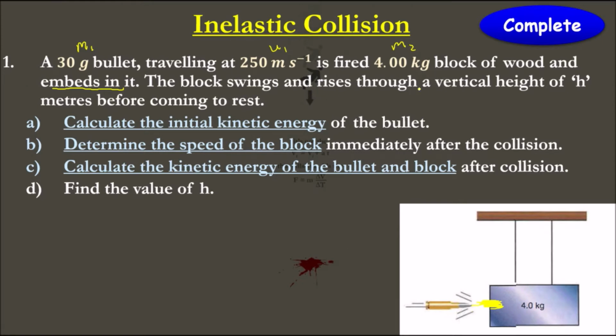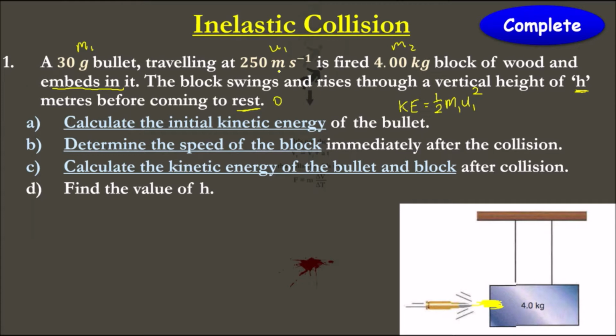The block swings and rises through a vertical height of h before coming to rest at 0. So it has a 0 final velocity, so to speak, at that point. Okay. So the first question says calculate the initial kinetic energy of the bullet. So what we have here is our kinetic energy is equal to half m, mass, times velocity squared. Now I'm just going to write the same symbols as I labeled here.